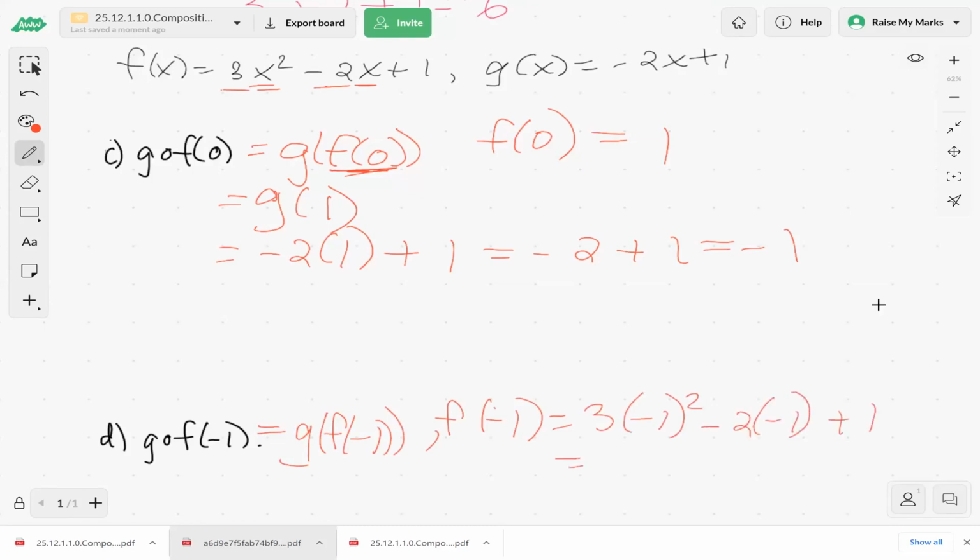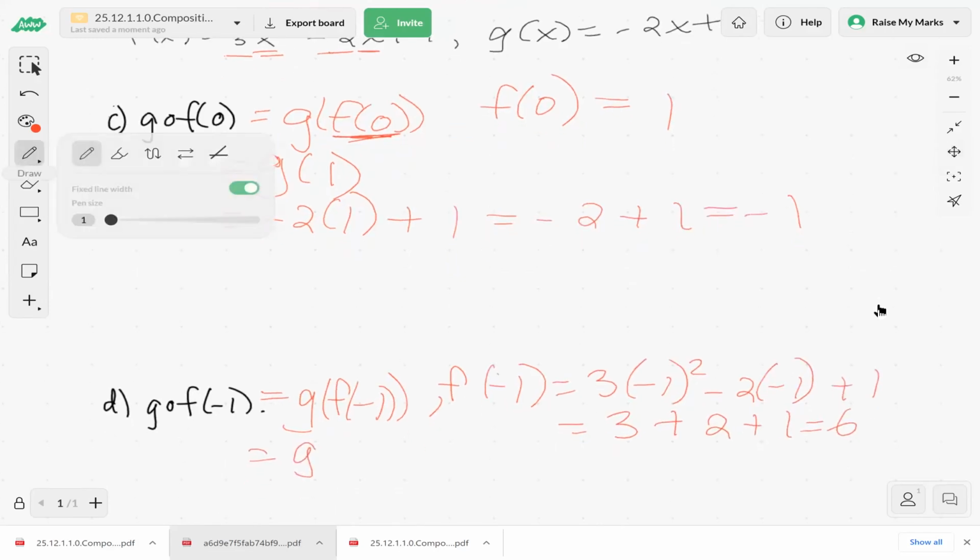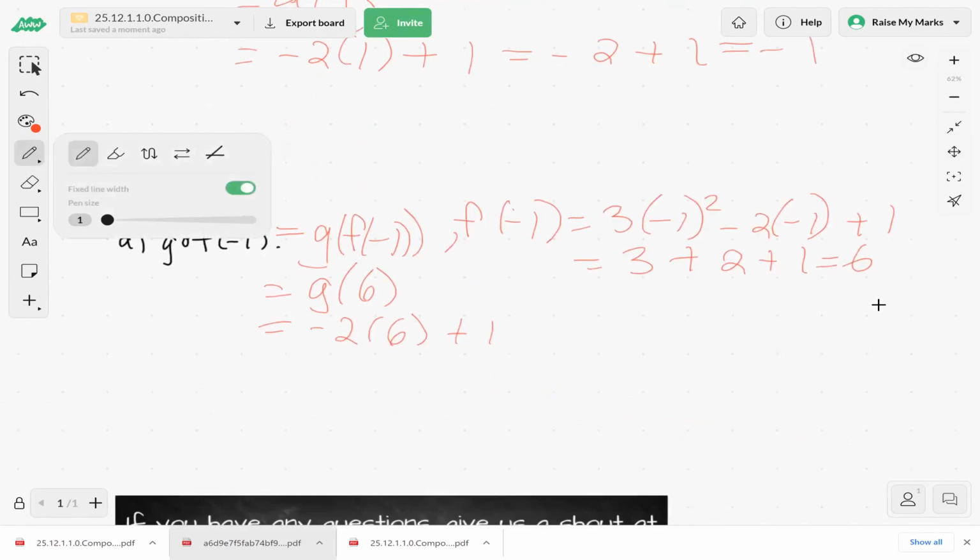What does that equal? 3 plus 2 plus 1, that's 6. So f at negative 1 is 6. Then we plug that in, and we have g at 6. What's g at 6? Negative 2 times 6 plus 1, and that equals negative 12 plus 1, or negative 11.